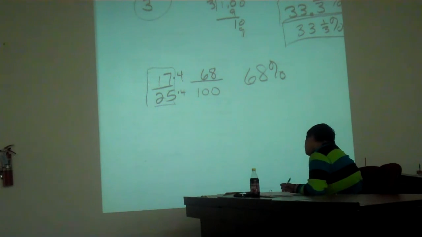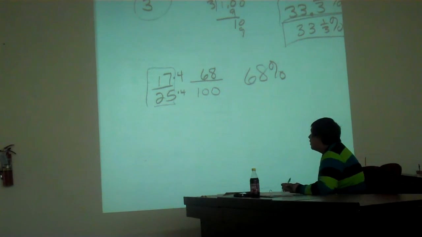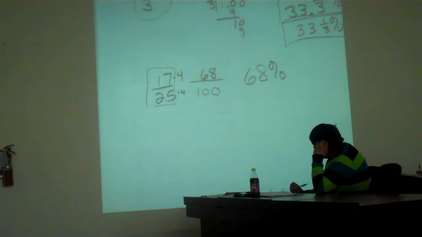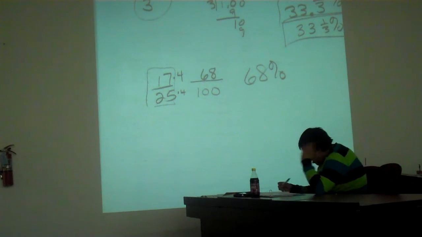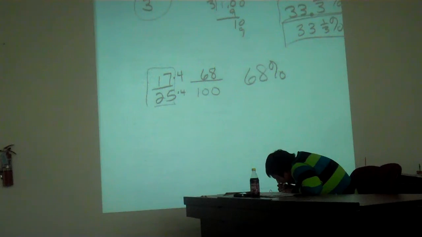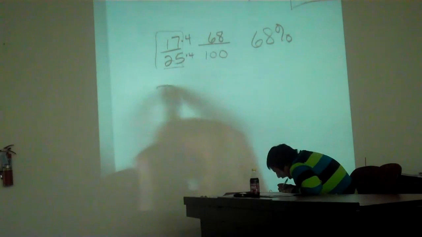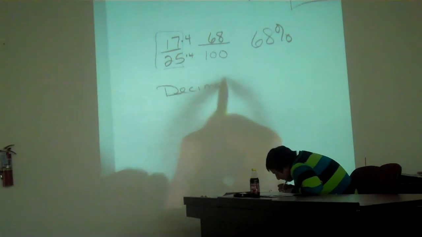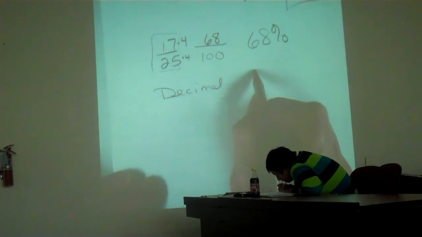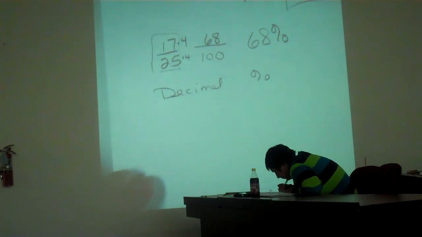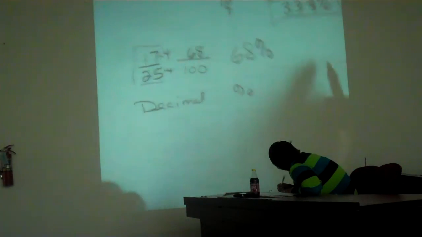So you're going to have lots of converting back and forth. So maybe we should make a little chart of what to do from one thing to another. Okay, what if you have a decimal going to percent?